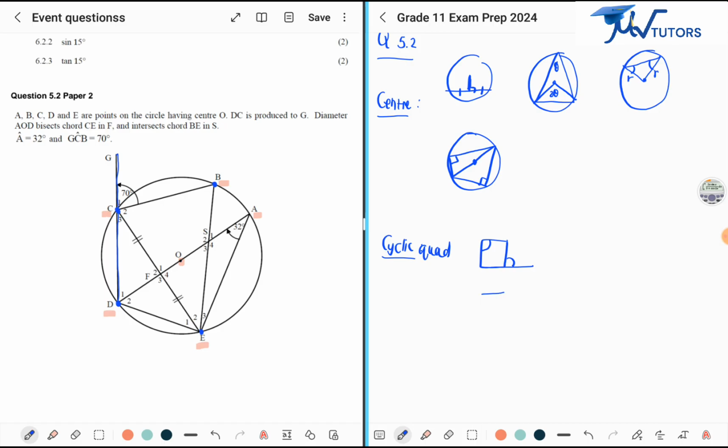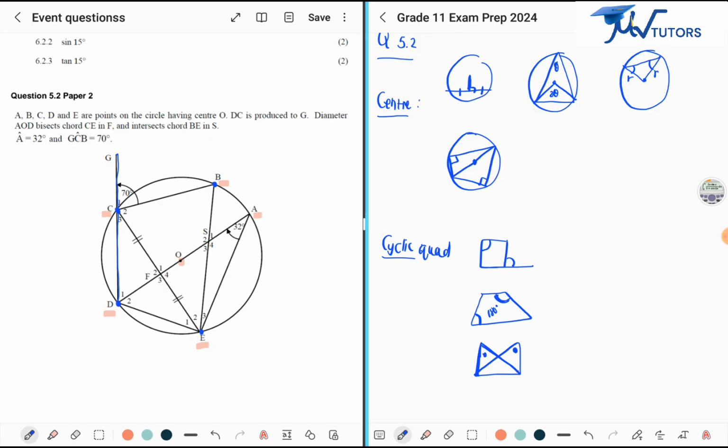Then, the opposite angles in a cyclic quad are supplementary, meaning when I add them up, they equal 180 degrees. Another thing that comes to mind is that angles subtended by the same chord are equal.